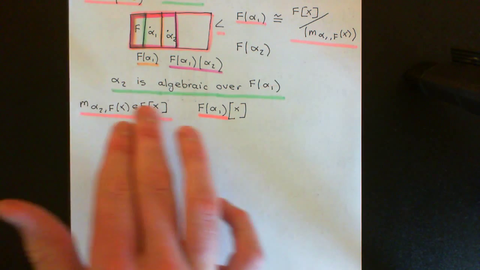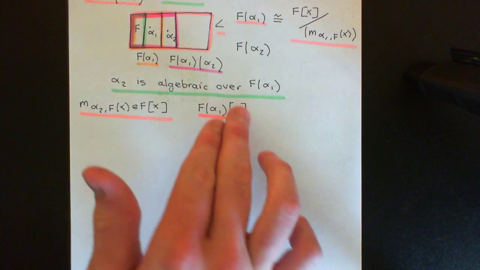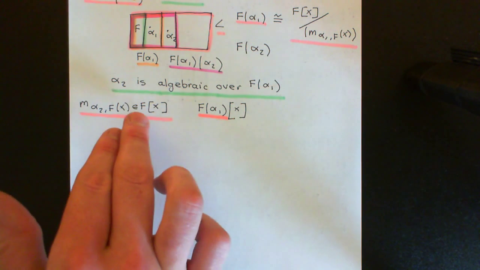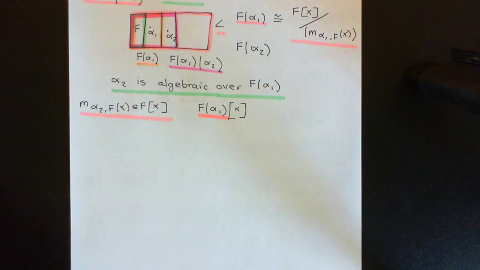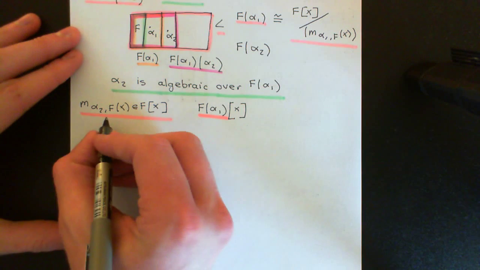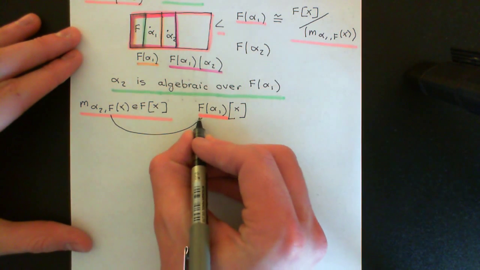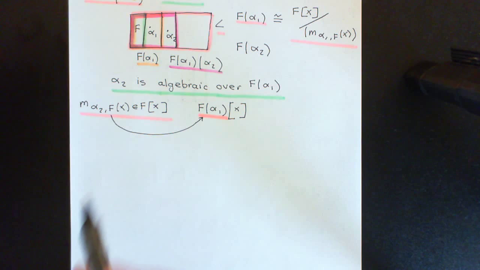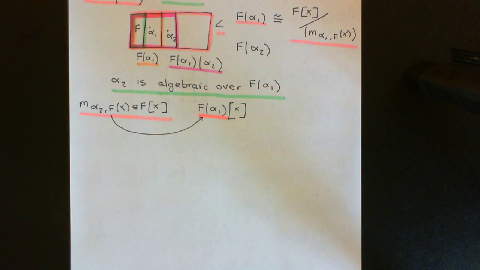Okay, so this polynomial is going to be in there, because all of the elements of F are going to be in there, so all polynomials which have coefficients in F are also going to be in here. So I can instantly conclude that this minimal polynomial for alpha 2 over F is in the ring of polynomials over this field extension of F generated by alpha 1.